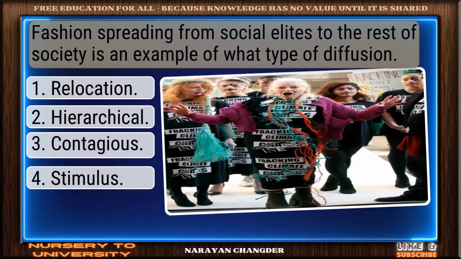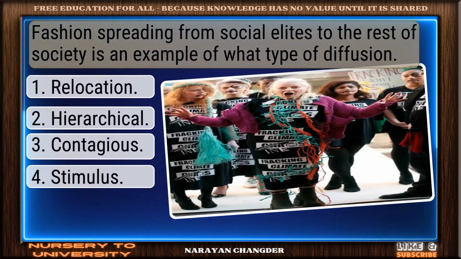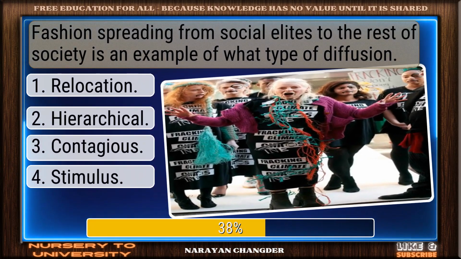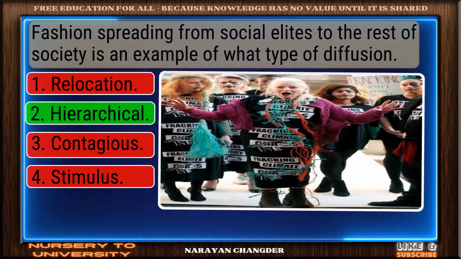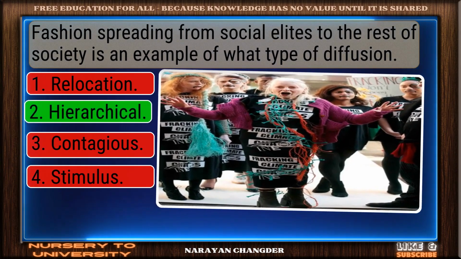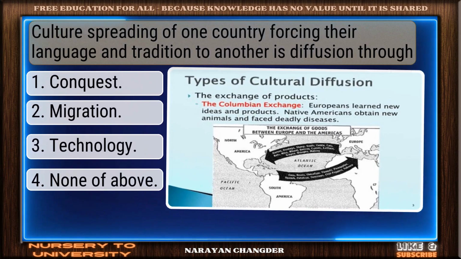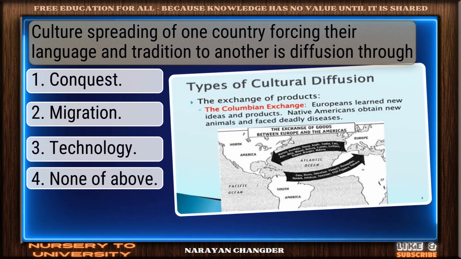Fashion spreading from social elites to the rest of society is an example of what type of diffusion? Nice work. You chose hierarchical, and it is correct. Culture spreading of one country forcing their language and tradition on another is diffusion through.